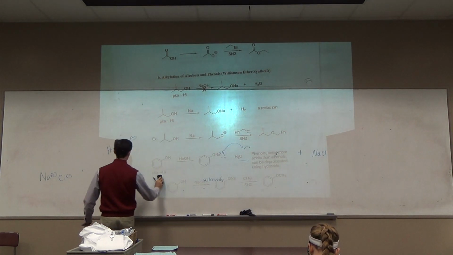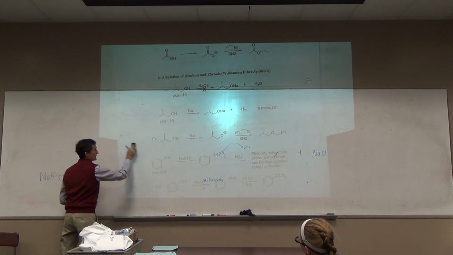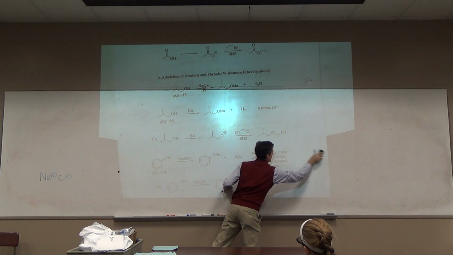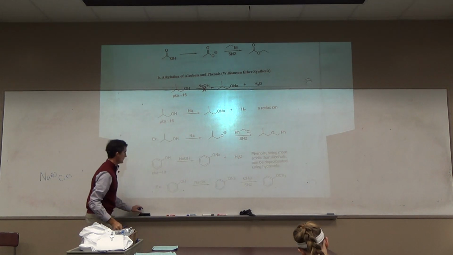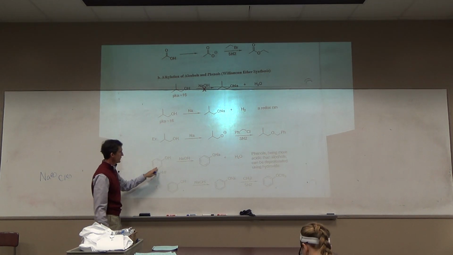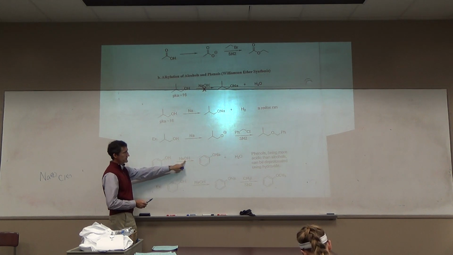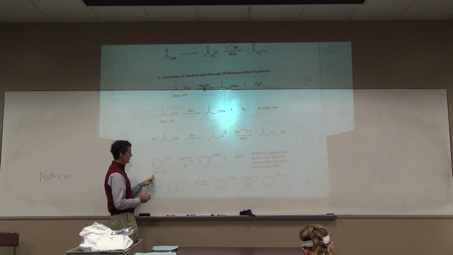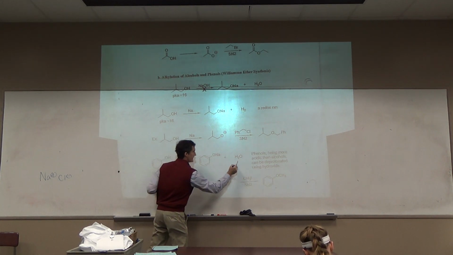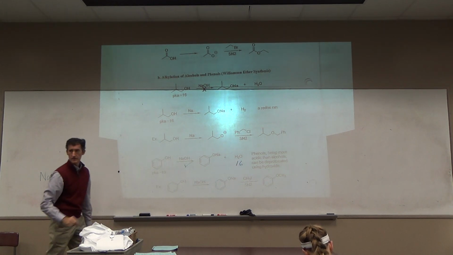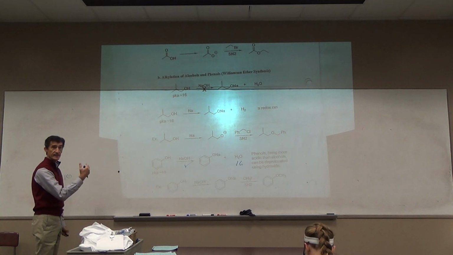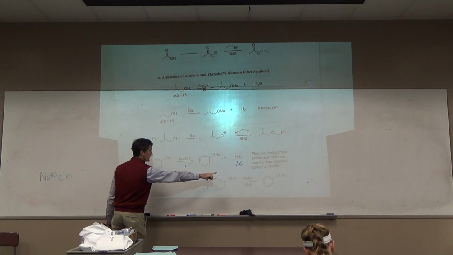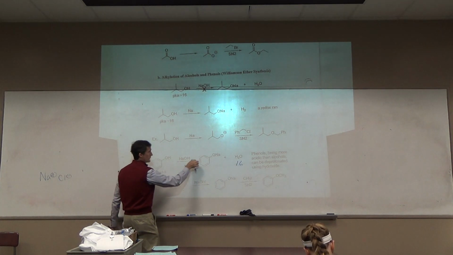You can also do this with phenols. Take phenol. Here you can use sodium hydroxide. Yes, you can use that. Why? This is 10, this is 16. Which side's favored, 10 or 16? 16, by 10 to the 6, a million. Okay, that's a good equilibrium there. What do you want to call this here?